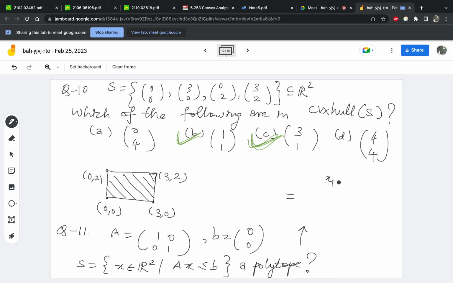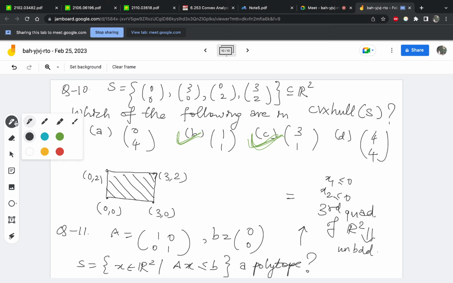It's one half space completely, right? So it's this, basically the third quadrant. So it is unbounded. So not a polytope.